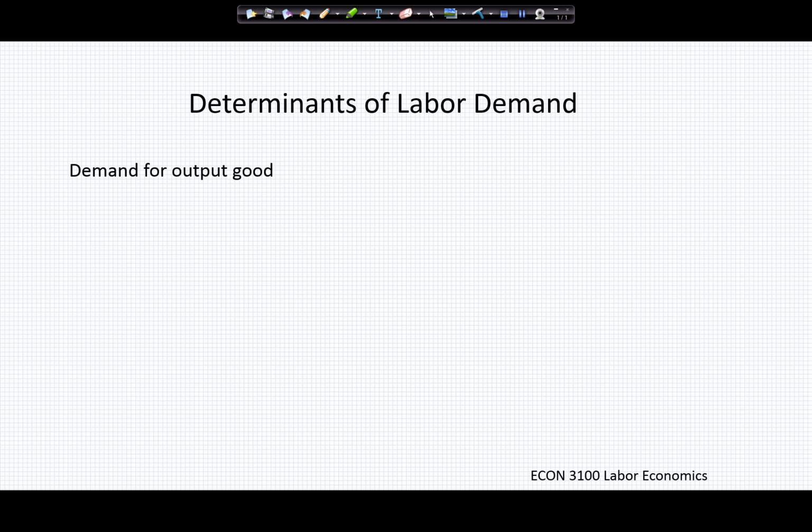Let's think about this in respect to the demand for the output good. So we have a basic goods market model. Let's say that we're manufacturing shoes, and we have a price and quantity for the shoe. We have some supply of shoes. We have some consumer demand for shoes, and those, of course, have resulted in our basic Q star and P star relationship.